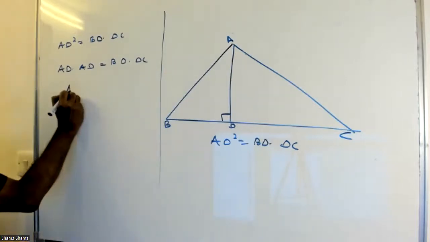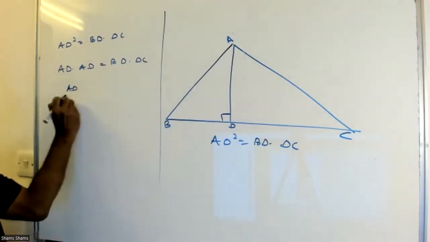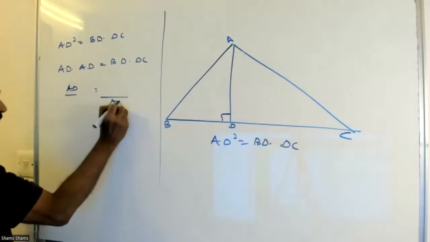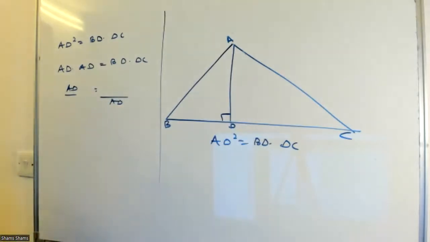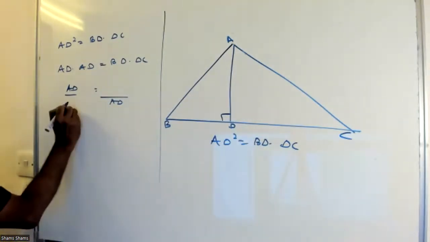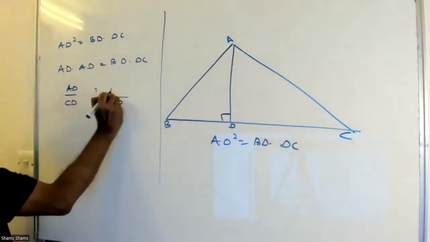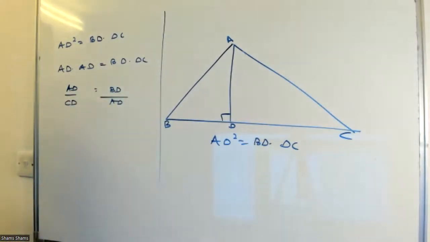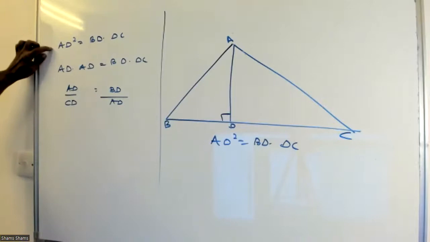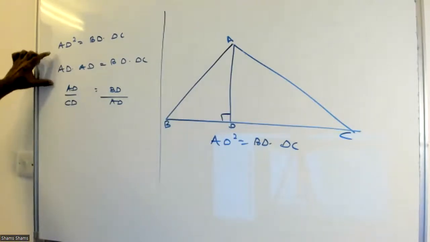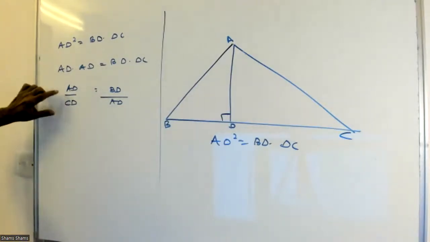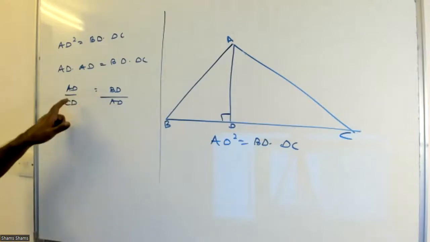Then we can write AD by CD equals BD. Can I write these steps? This is given, this I expanded, then this is the same in another order. Correct or not? AD square equals BD into CD. Is this okay or not?